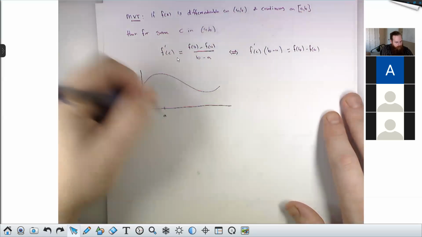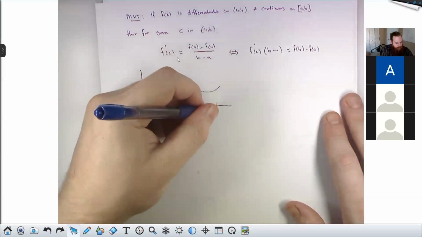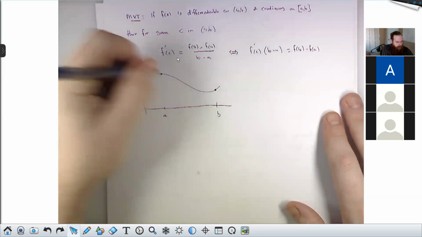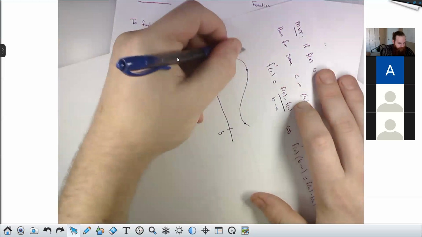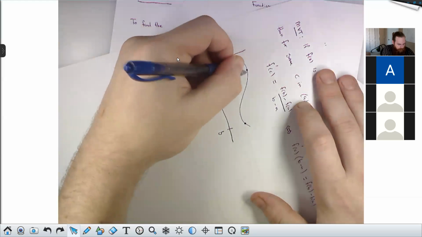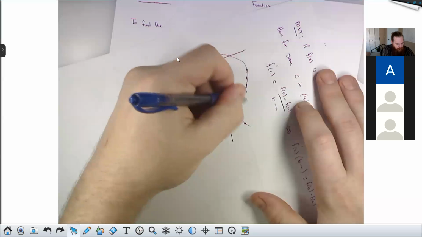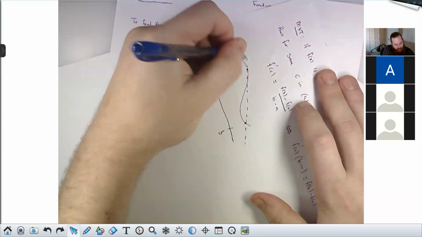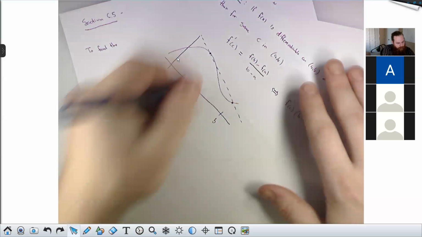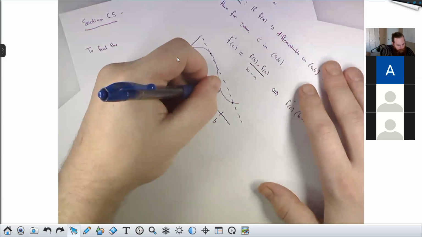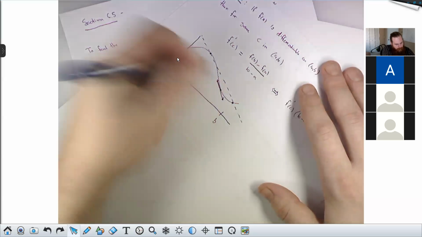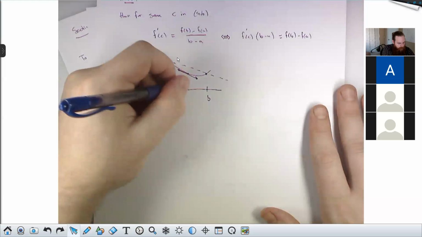And here's a, and here's b. So your secant line there looks like this. And what this theorem says is, I promise you, there's some point where you have a parallel tangent line. So here would be c.